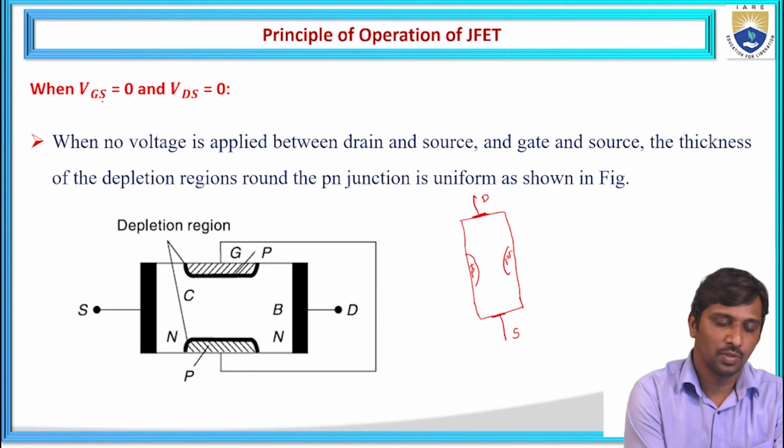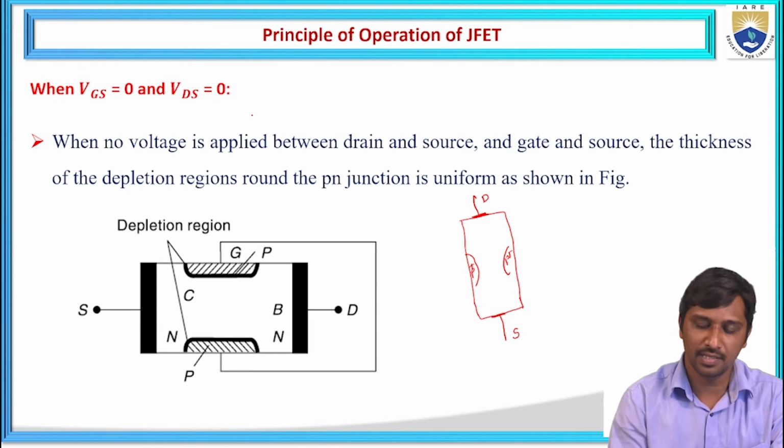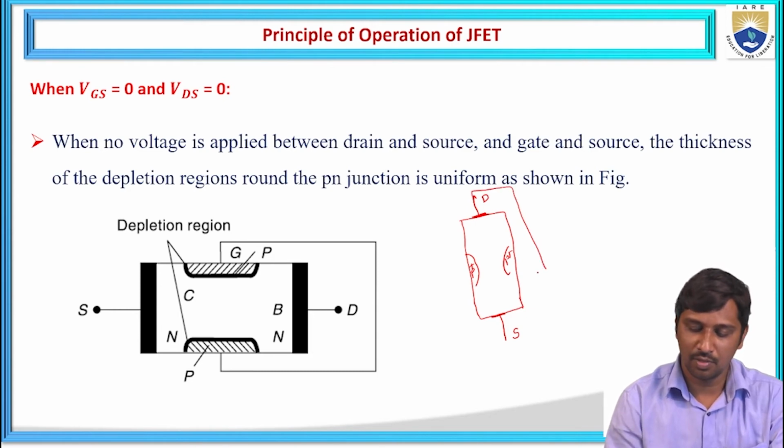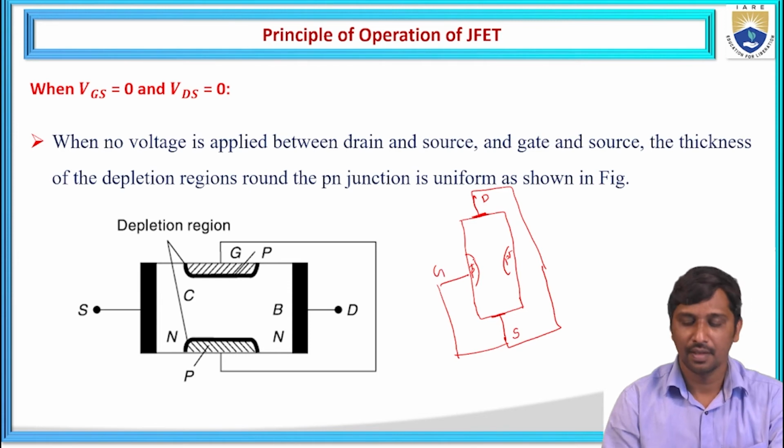What is the meaning? When VGS is 0 and VDS is 0, the drain to source voltage is 0, meaning short circuited. Similarly, the gate is also short circuited. This is the gate.